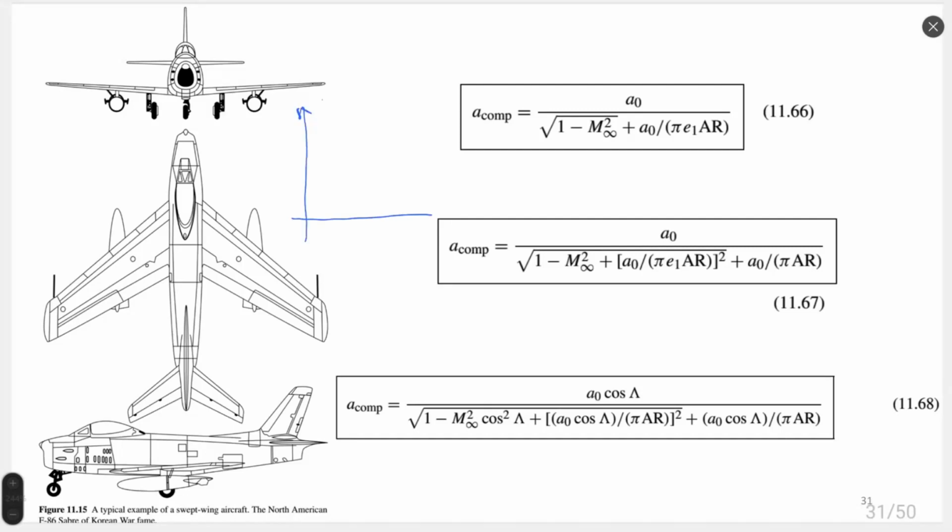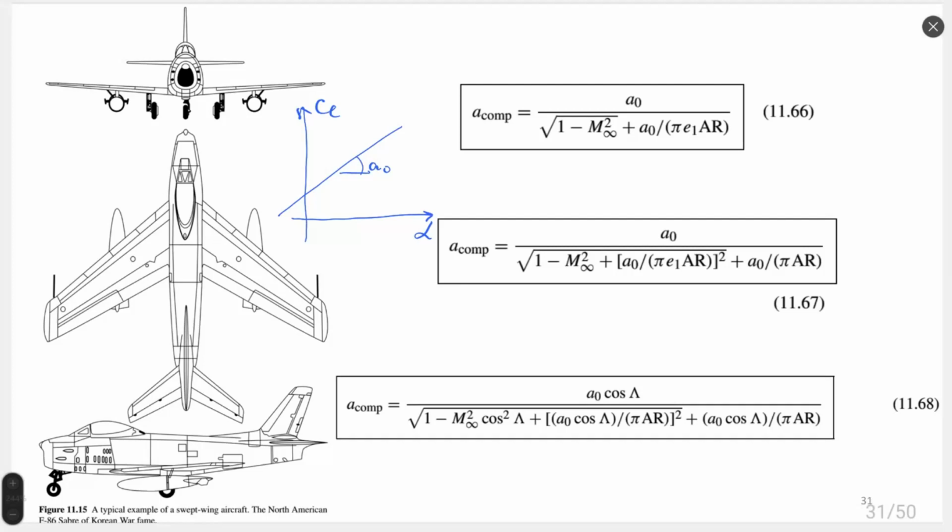So I have CL, I have angle of attack, and this is my lift slope, A0. This we had for incompressible flow, A0, right? But for compressible flow, we can use the same concept as a compressibility correction: A0 for incompressible flow, A-comp for compressible flow.